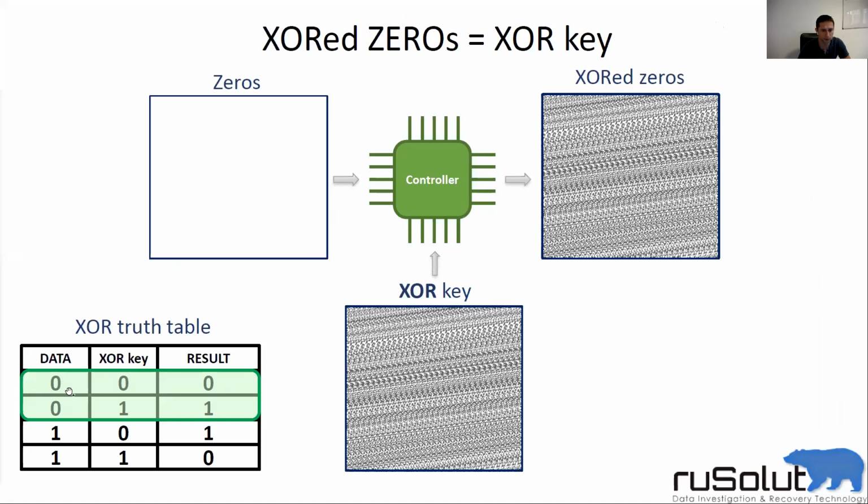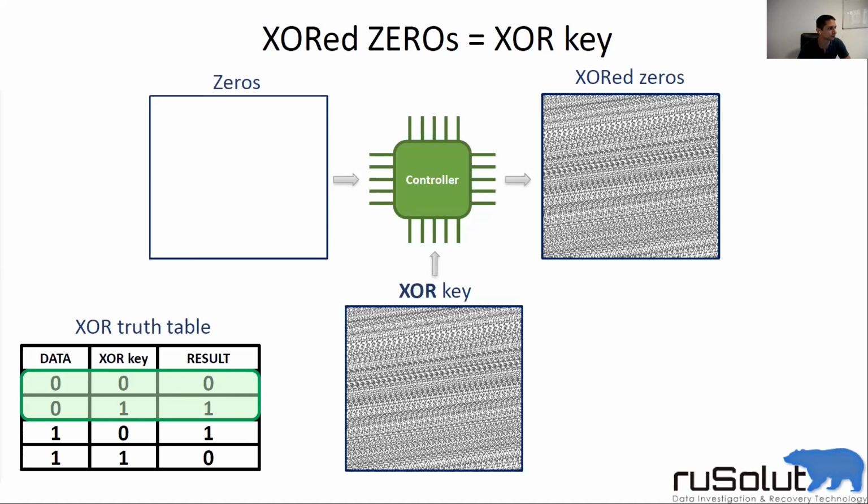We can see that zeros do not change the XOR key, right? So the first several bytes in those zero blocks will be the same as the XOR key's first several bytes. And in our database, we have such a thing as an XOR key signature. It's like a name of the XOR key, or the starting bytes of XOR keys.